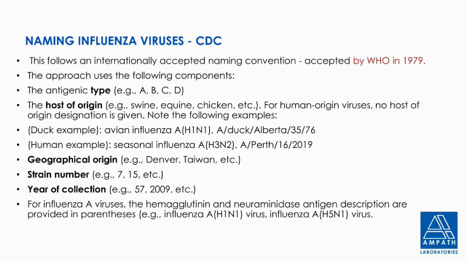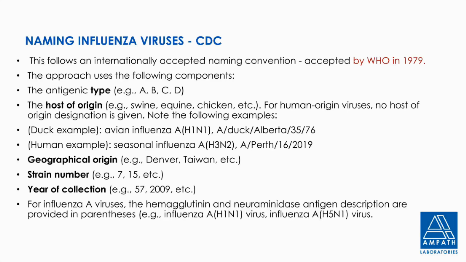The way we name influenza viruses is also quite interesting and a little bit complicated, but this is generally what has been accepted by the World Health Organization, defined in 1979. So the approach looks at the antigenic type, the host of origin, the geographical origin, the strain number, and the year of collection. Right?